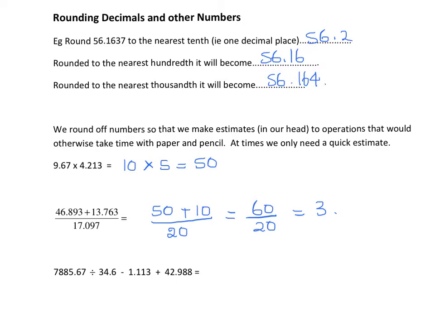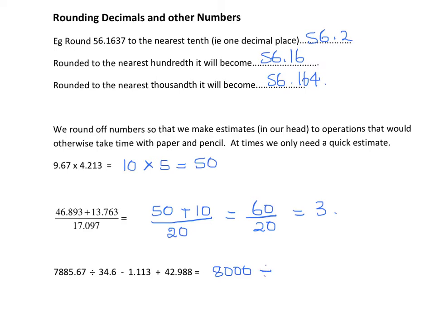When we look at the next problem, we can't really round off to the same place value. For instance, the first number is in the thousands, and a couple of the numbers are tens, and then we've got a unit. So we're going to have to round the first number off to, say, 8,000, so to the nearest 1,000.